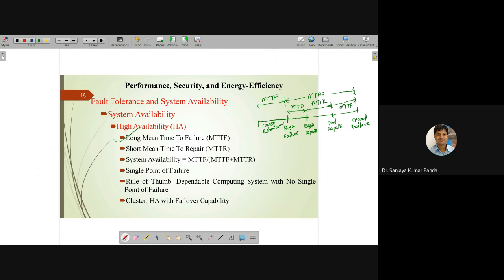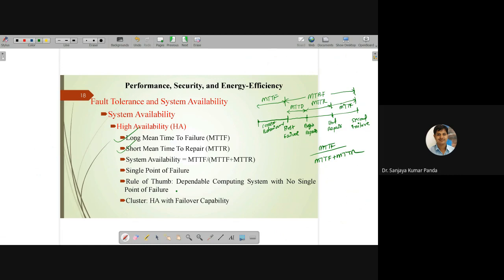So, in order to find the system availability, what you have to do? You have to do MTTF, mean time to failure, divided by mean time to failure plus mean time to repair. That will give you the availability of the system. The given data, you can calculate it.